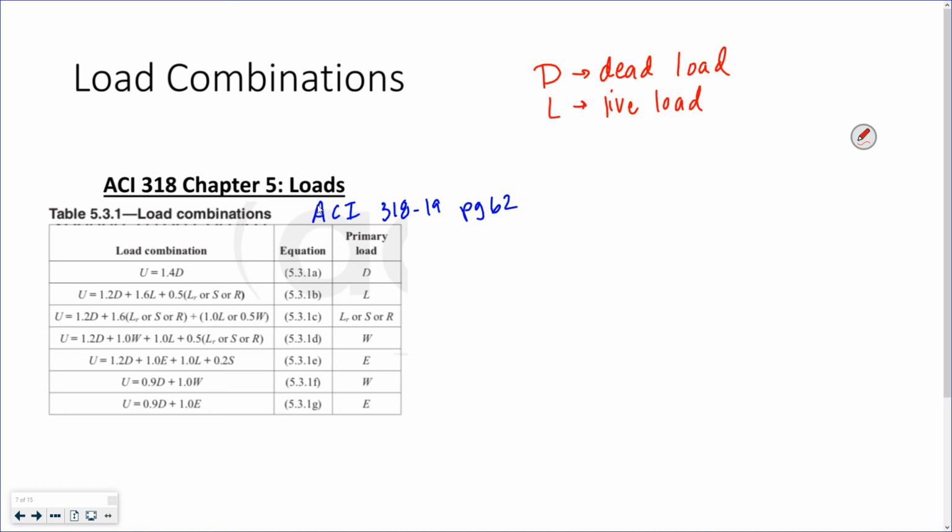Let's see what else. Your roof live load. That might be like construction or workers on the roof. It's not snow or anything because that's a different one. All right. S is our snow load. R is rain.